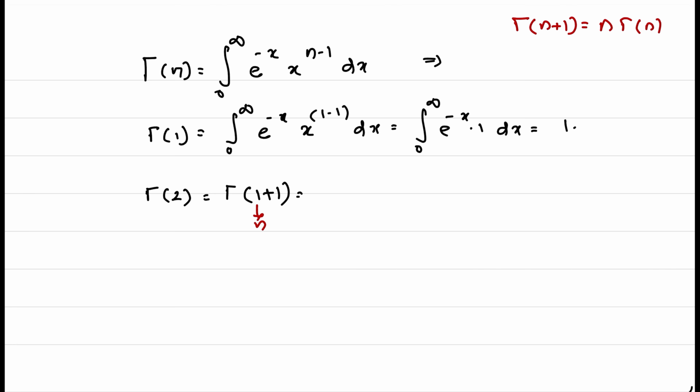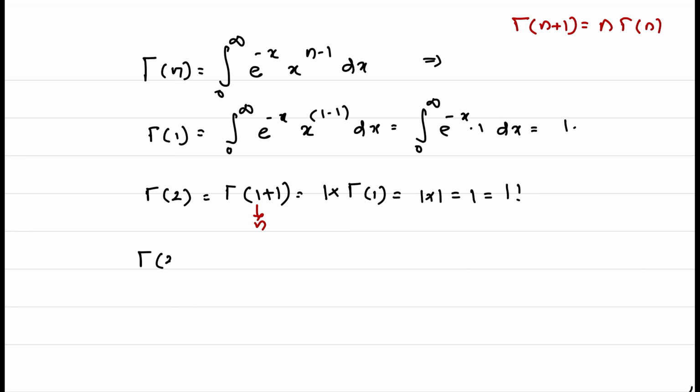Here n is 1, so 1 into gamma 1. What is gamma 1? Gamma 1 is 1. 1 into 1 is equal to 1, that is equal to factorial 1.